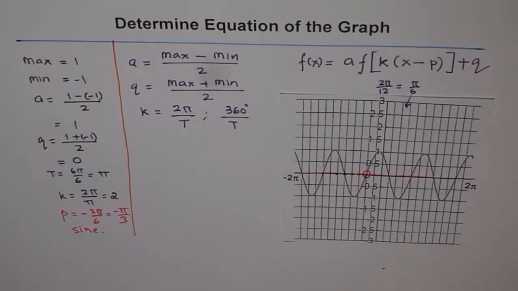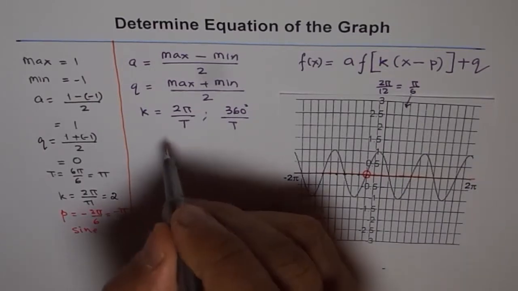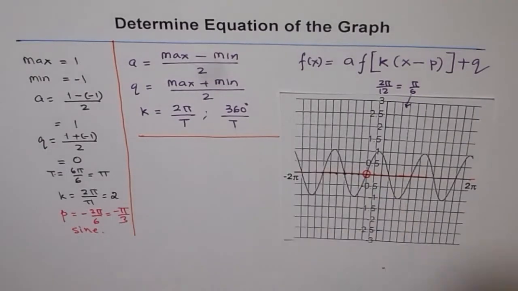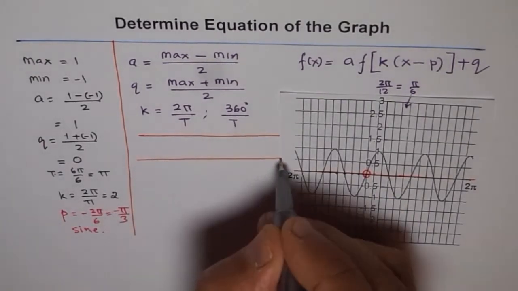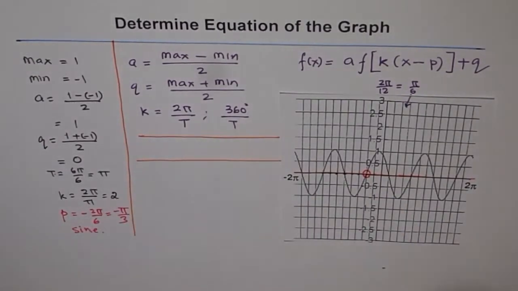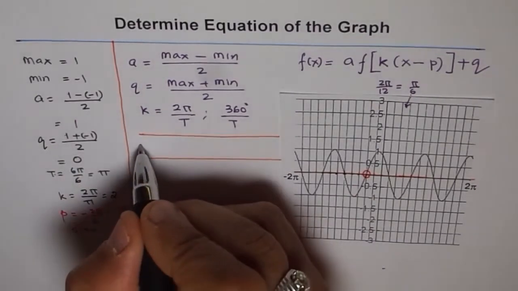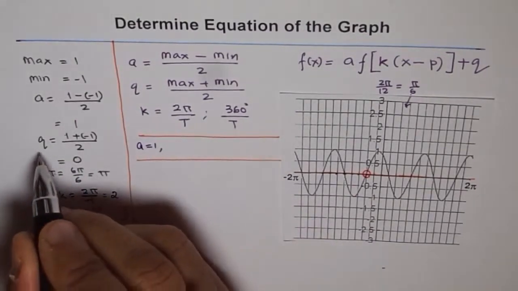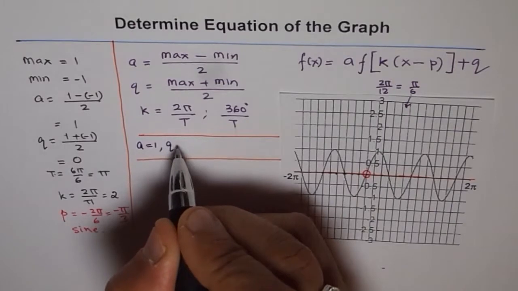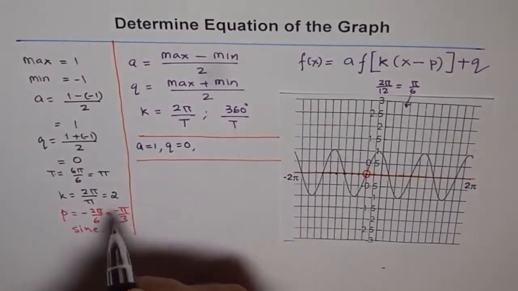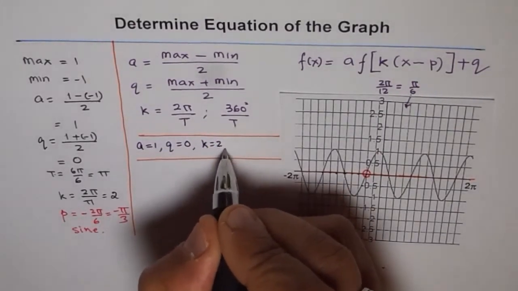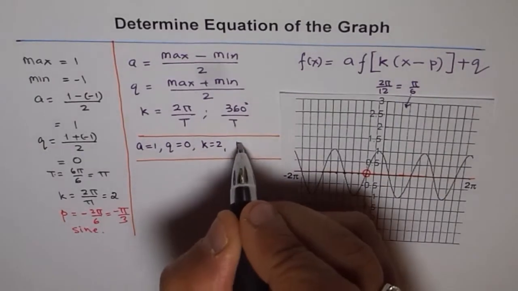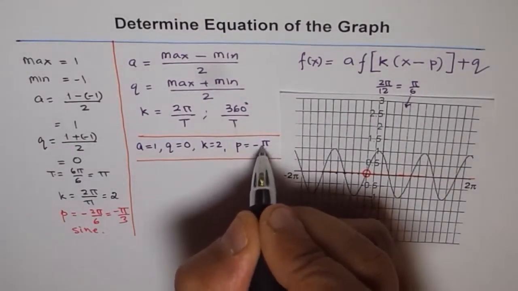Let's revise and put each value clearly here. We have a as 1, q as 0, k as 2, and p as minus pi by 3.